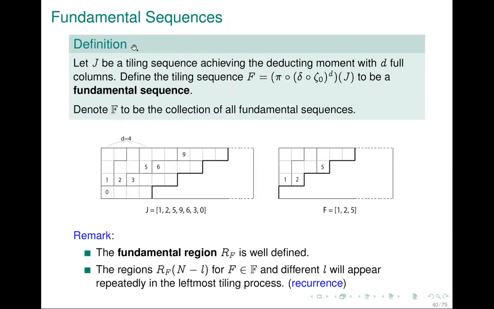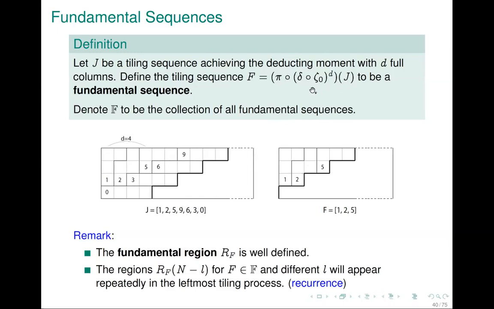Okay. So now I use these two operators to define fundamental sequences. Say this tiling sequence J achieves the deducting moment 0 here, with D equals 4 full columns, and I apply the operator zeta 0 and delta D times on J. And finally, I permute the result as an increasing sequence. So for example, here, after this operator, basically what I did is just remove these 4 columns, and the tiling will be 1, 2, 5.